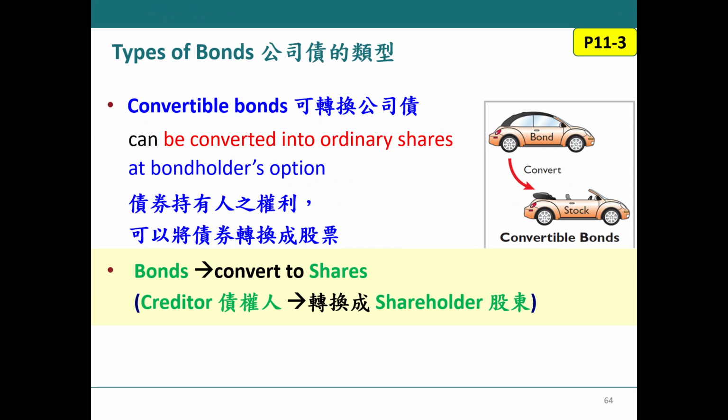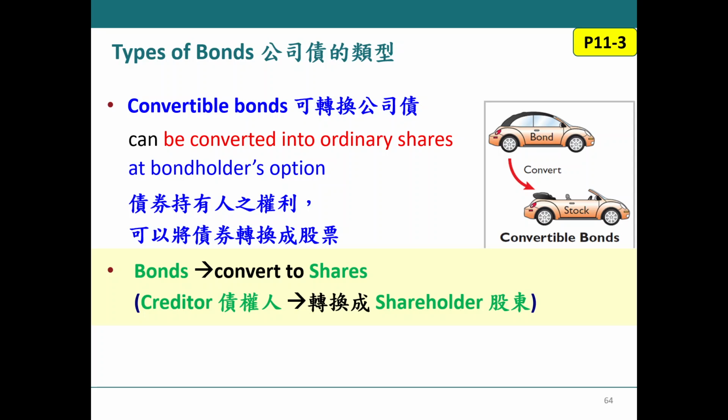What does it mean? In the beginning, that's the bond, right? But investors have the right to convert the bond into shares, right? So after they've done this, your bond, of course, is invalid, right? 债券没有用了嘛, right? Why? Because they become shares.